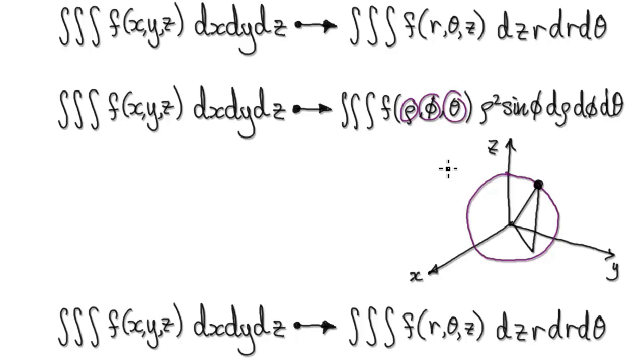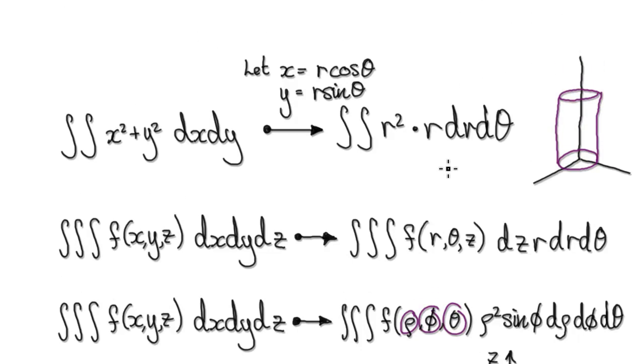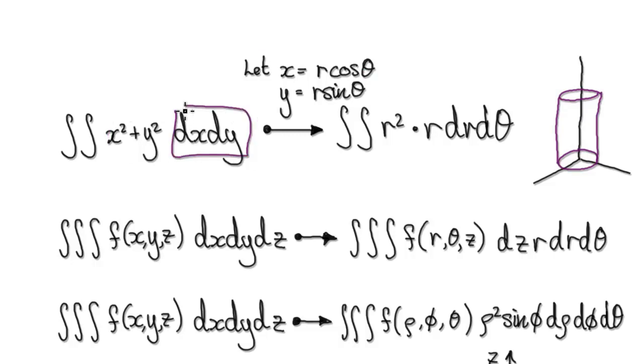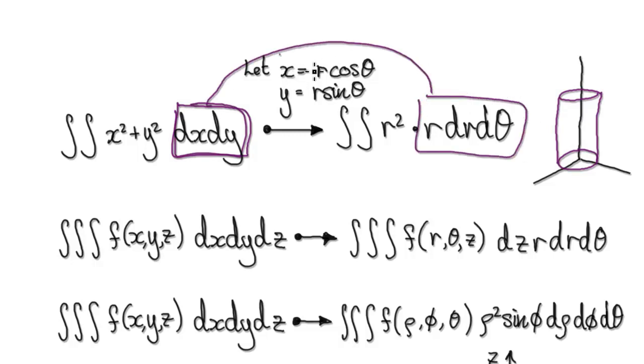Okay, so going back to the double integral, converting from Cartesian into polar form, we would transform this into this thing here, and we've already looked at why you would have this weird r in here.